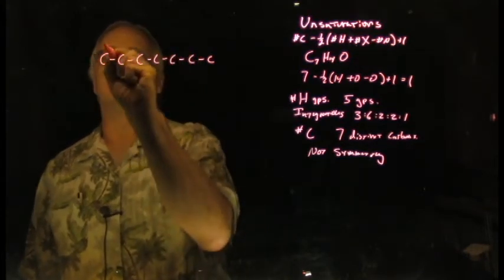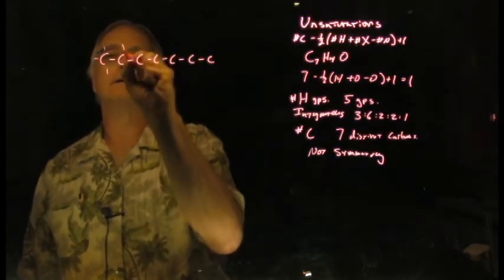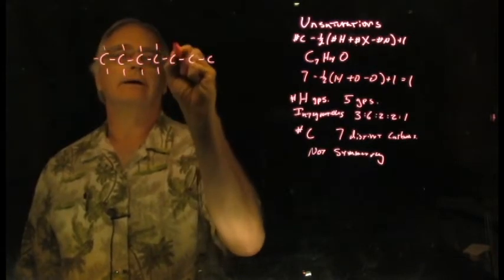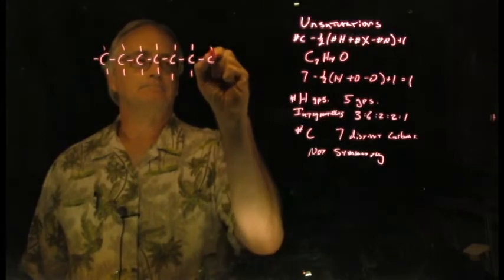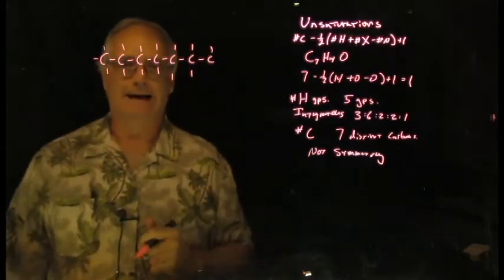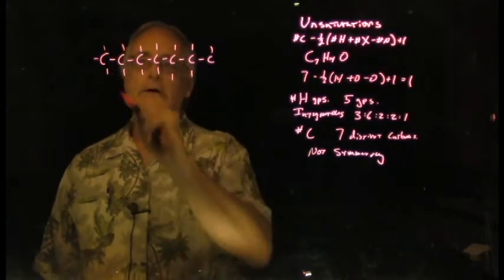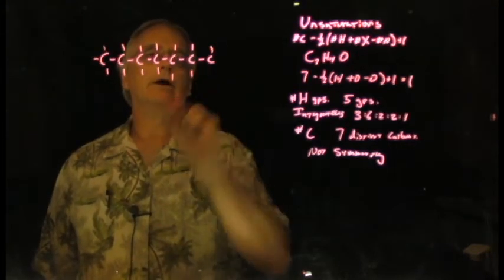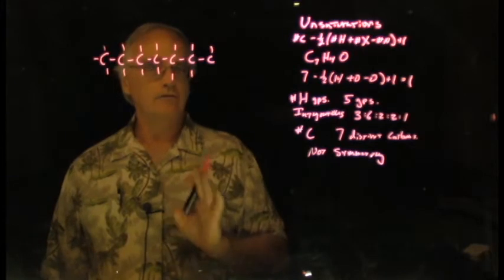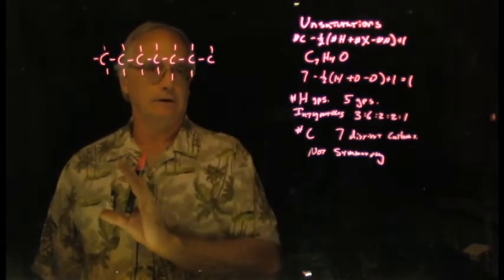And in fact, if I put in the hydrogens, and no, I'm not going to belabor writing in all the little H's at the moment. There's hydrogens in those: 1, 2, 3, 4, 5, 6, 7, 8, 9, 10, 11, 12, 13, 14 hydrogens. That's all 14 hydrogens, all 7 carbons.